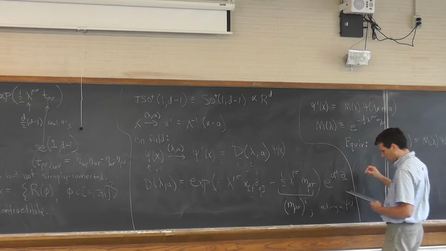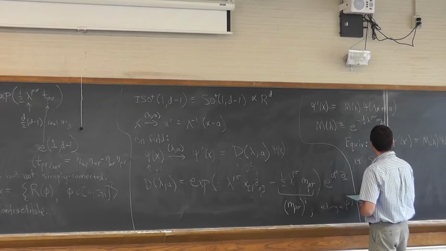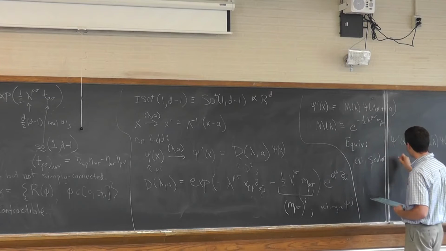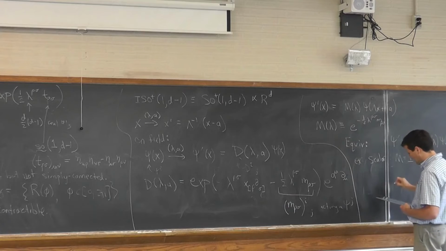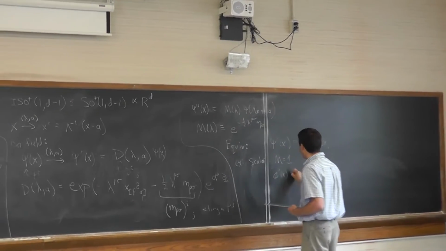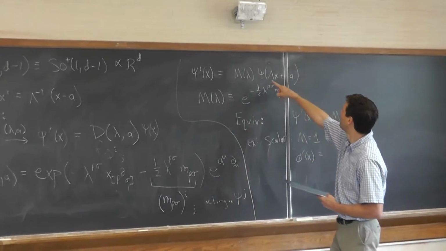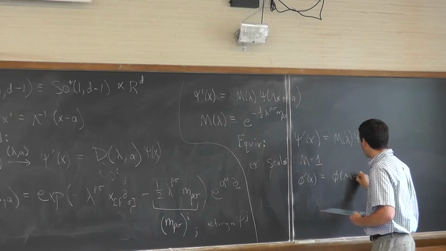So let's check the scalar. For a scalar, M is just 1, there are no indices. So phi prime of x should be phi of lambda x plus a.